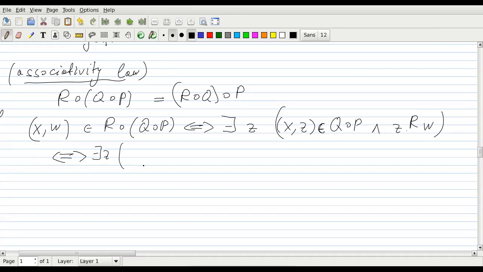Yes. Okay, and now let's unfold this one. So that means that there exists Y, so that X, P, Y, and Y, Q, Z. Is it clear?